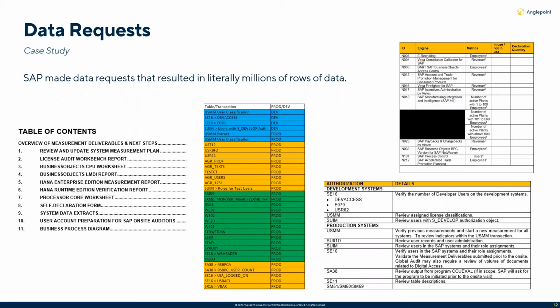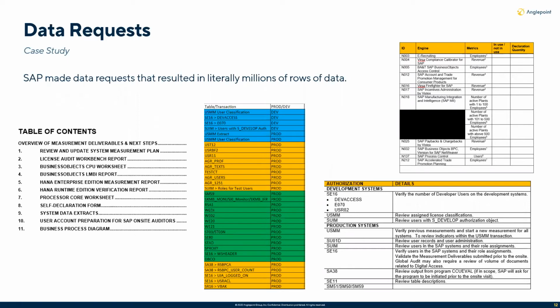In the middle, like I said, these are different tables and transactions. So the transaction codes that they want you to have access to during their business process interviews and their verification process, they will have you open up some of these transactions and review the data that's pulled for each of these different areas.